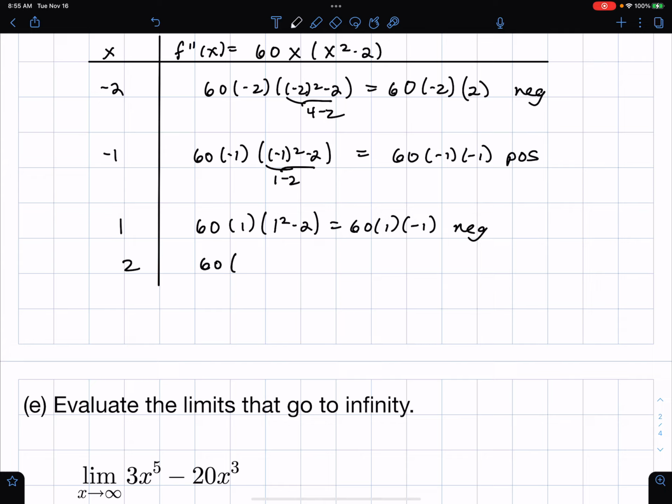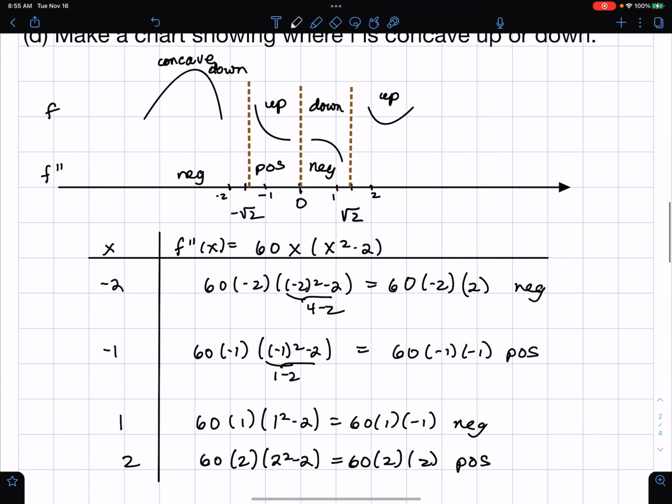You can plot that point really easily: 60 times 2, and 2 squared is 4 minus 2 is 2, so that's positive. That gives us these inflection points and gets us closer to figuring out what's going on there.